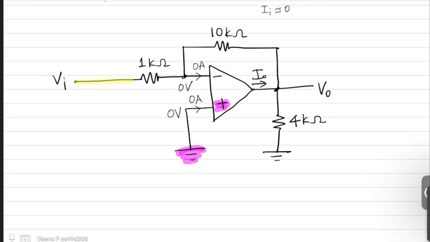So now you have this current, it will reach here, but it will not enter the op-amp because its input resistance is very high. So what will it do? It will take this path.